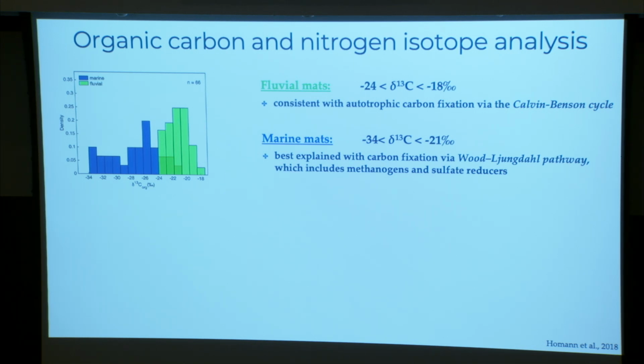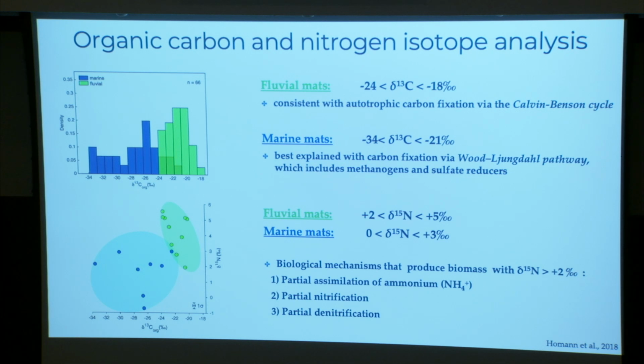For example, the fluvial mats show values between -24 and -18 per mil, which is consistent with autotrophic carbon fixation via the Calvin-Benson cycle, whereas the marine mats show more negative delta 13C org values, down to -34 per mil, which might be best explained by the Wood-Ljungdahl pathway that includes methanogens and sulfate reducers.